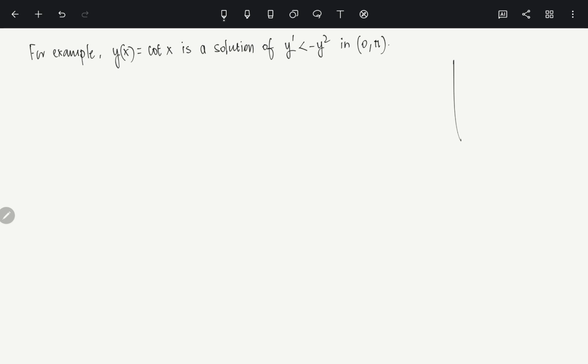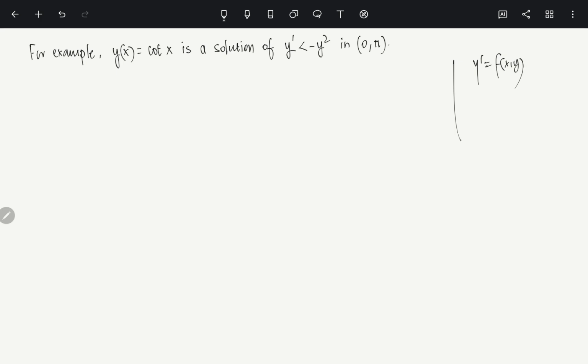Okay, it may or may not be possible to find an explicit solution, right? So you may not be able to solve that problem. Yes, and then what you do is, let's say you have this equation y prime equals f of x, y.